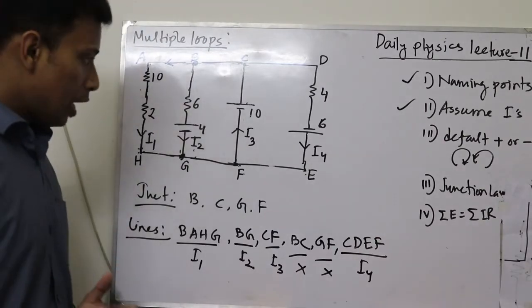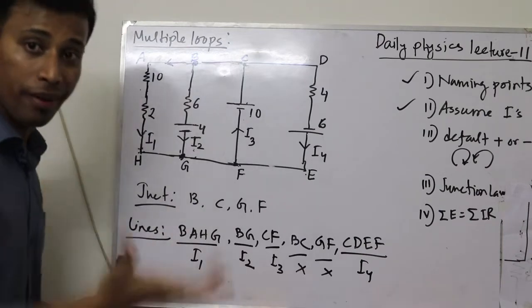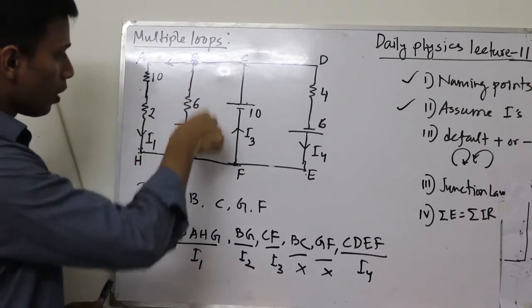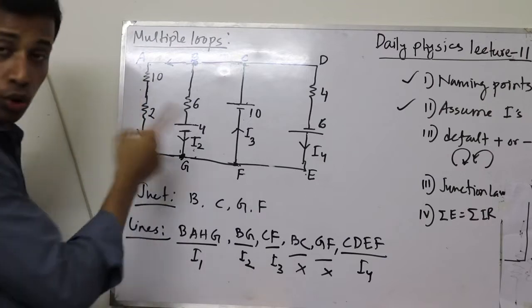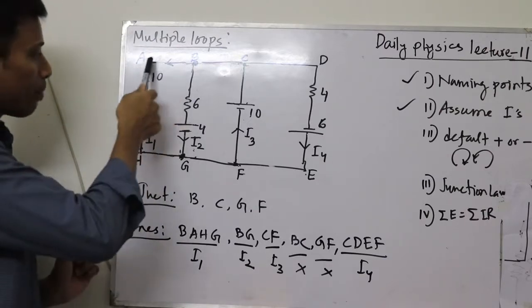Now, the question was to calculate the current flow through the resistances. How many resistances are here? Here we have 10, 2, 6, 4. We have 4 resistors. Look at this 10 and 2 ohm, these 2 are in the same line.